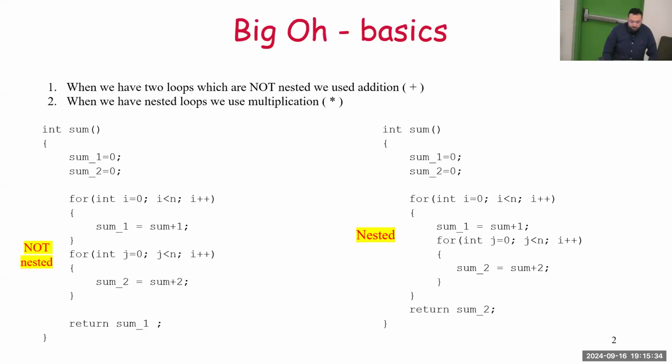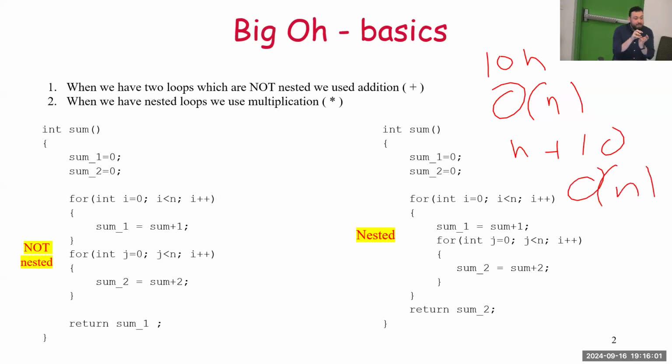Okay, so let's say I have 10n. When I say what is the big O here, it's going to be big O of n. Again, if you go back to the slides, you're going to see why. Now, sometimes we're going to have n plus 10. It's also big O of n. We only care about n.